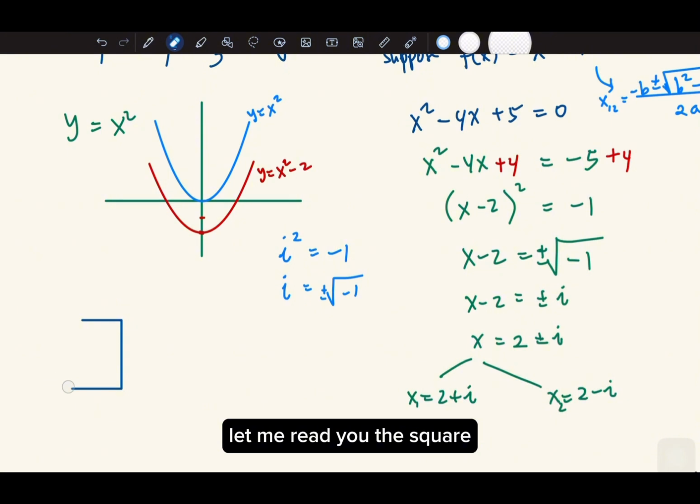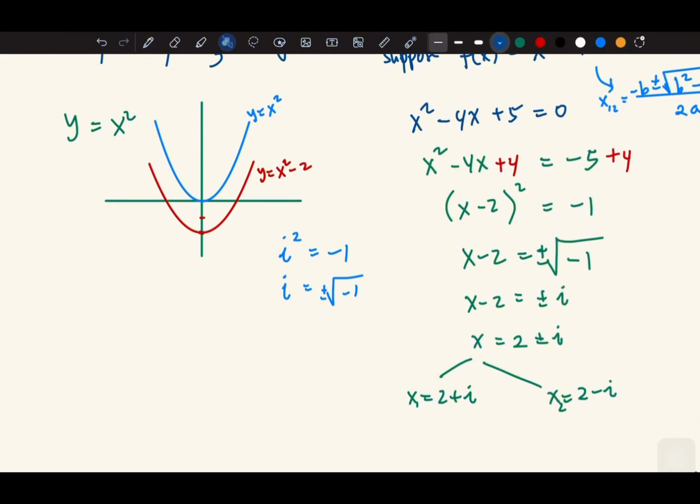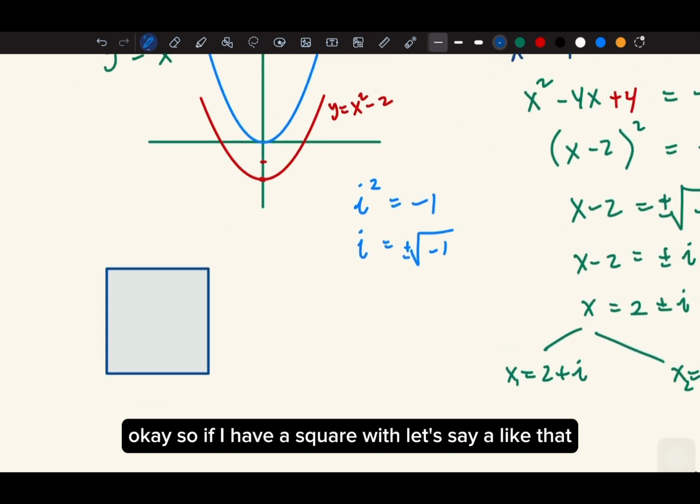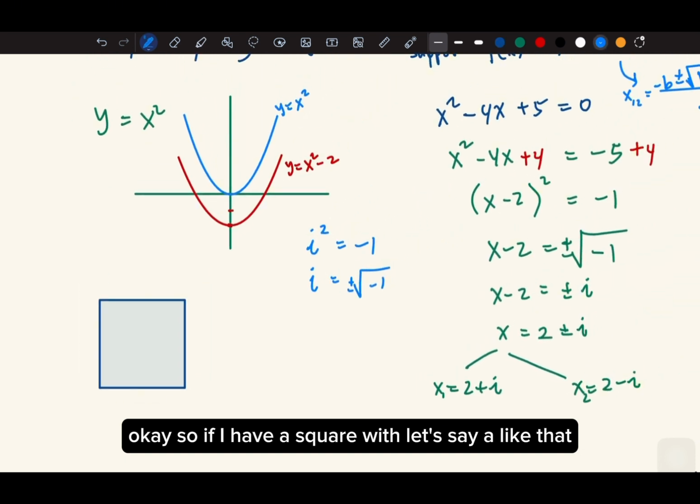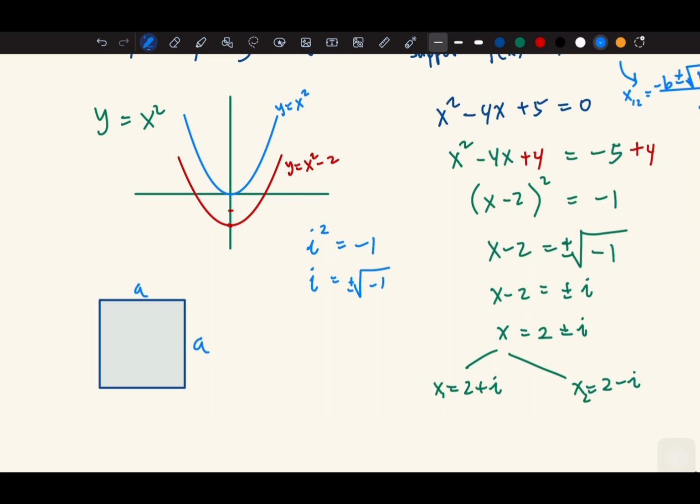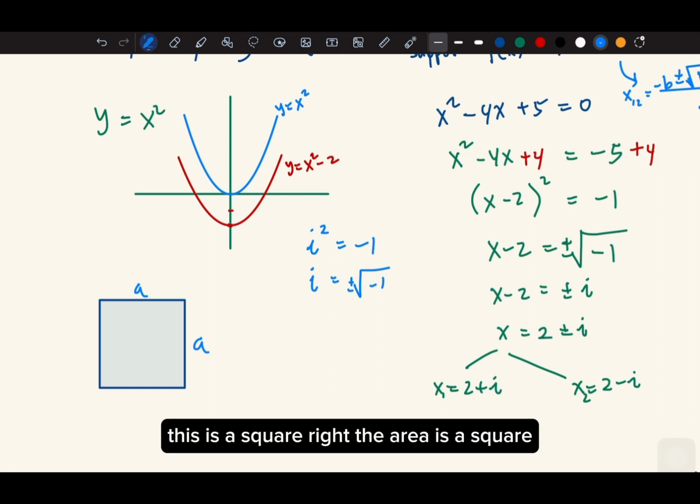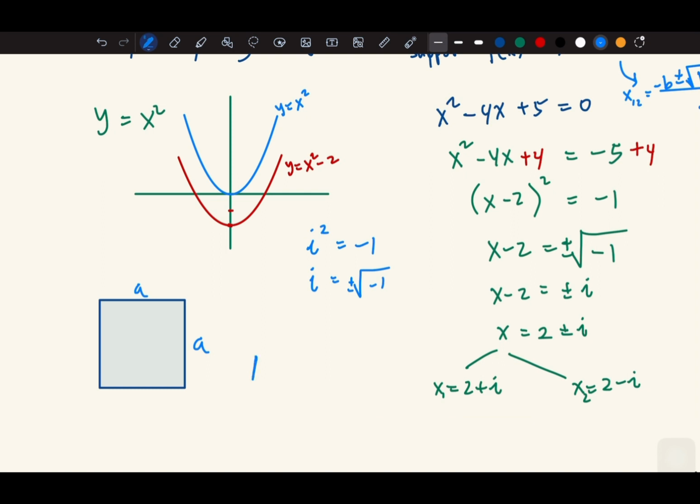Let me redo the square. Okay, so if I have a square with side A, like that, this is A squared, right? The area is A squared.